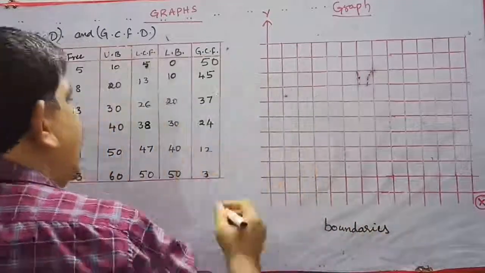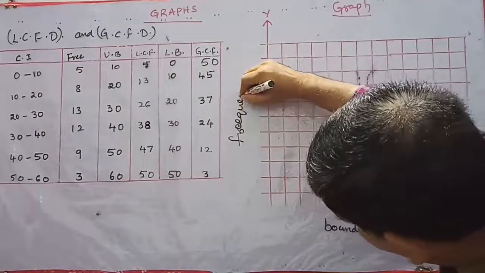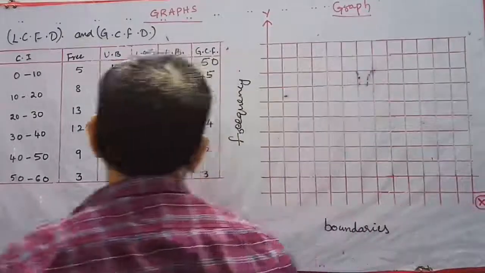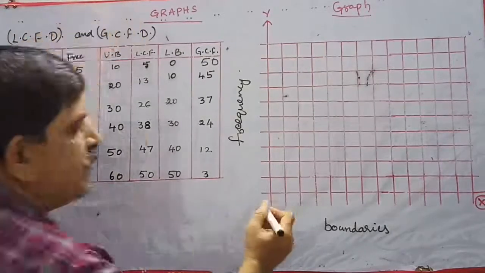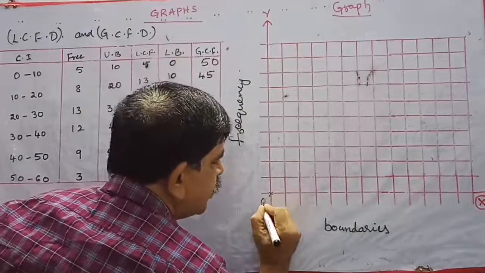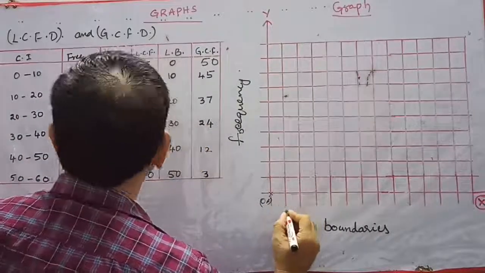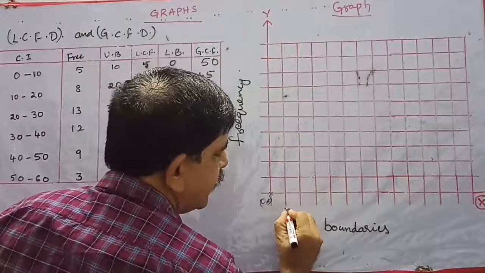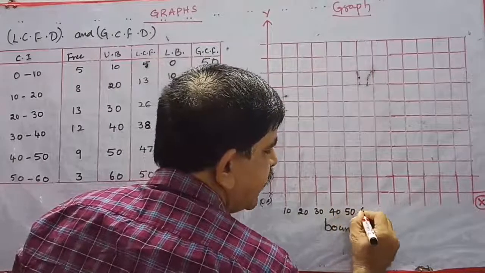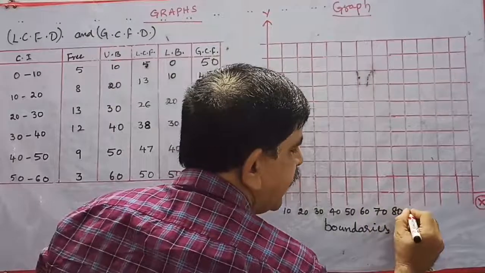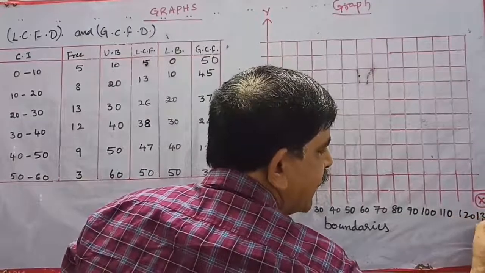First, the origin 0, 0, and then take the values on the x-axis: 0, 10, 20, 30, up to 130.